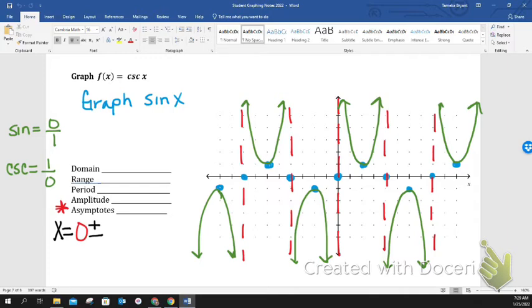It's the same as secant. 180 degrees, which would be pi n. So that n just says that we're repeatedly adding and subtracting pi. So that's my asymptote.